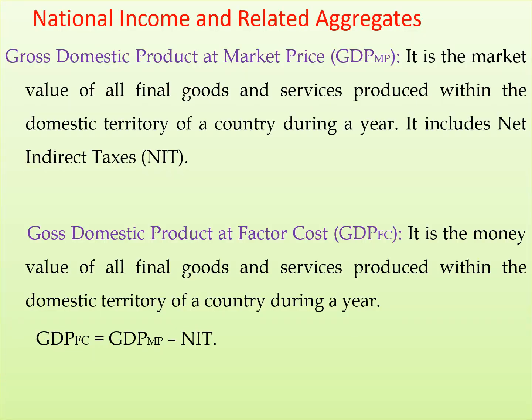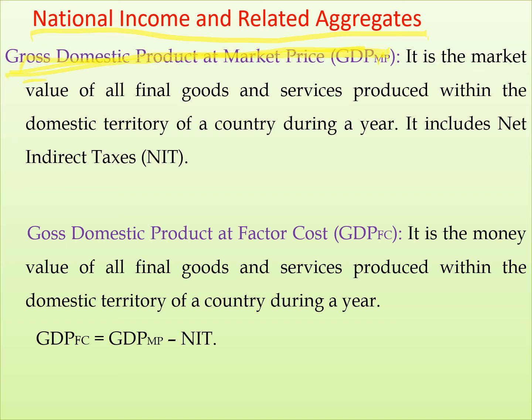Next one is national income and related aggregates. So what is national income? You have incomes, I have some incomes, so the nation also has incomes, right? So that is national income. Gross domestic product at market price, GDP. What is gross domestic product at market price?